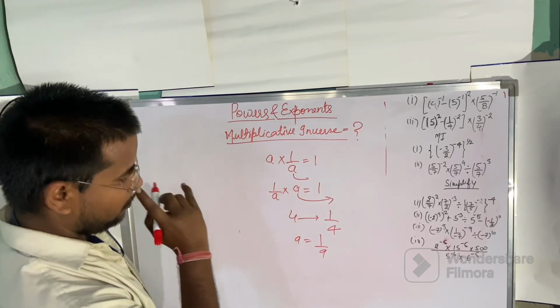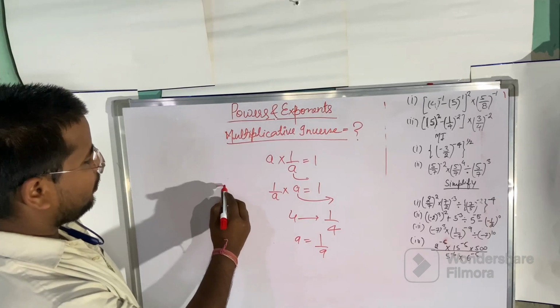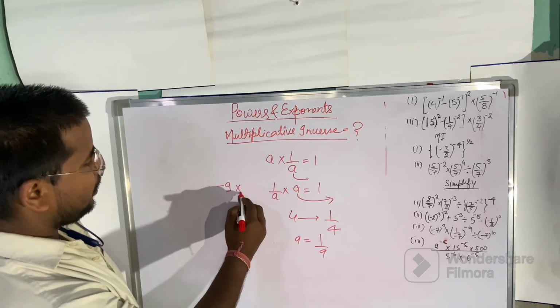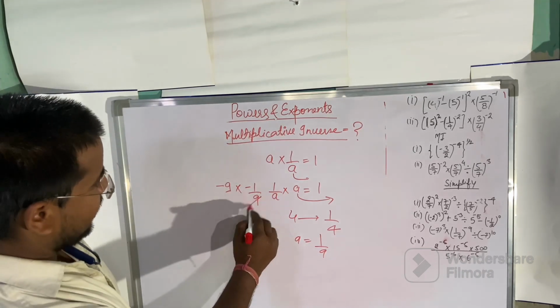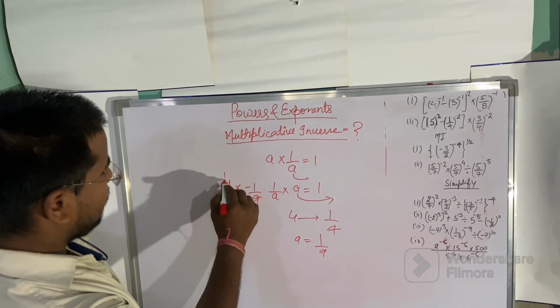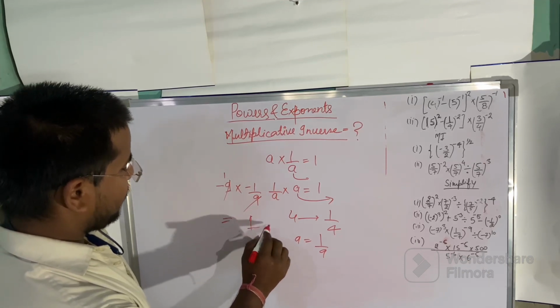And here is one more important example: the multiplicative inverse of -9 is -1 by 9, because the 9s cancel and -1 multiplied by -1 has the value +1.